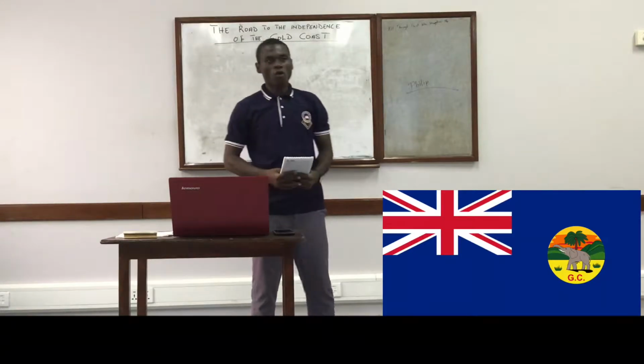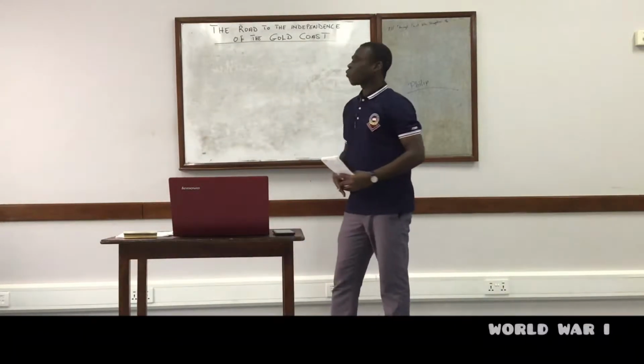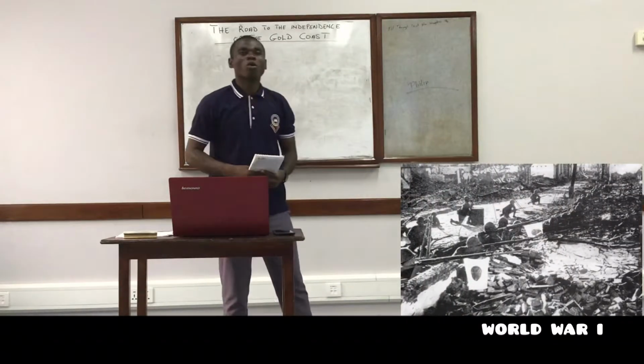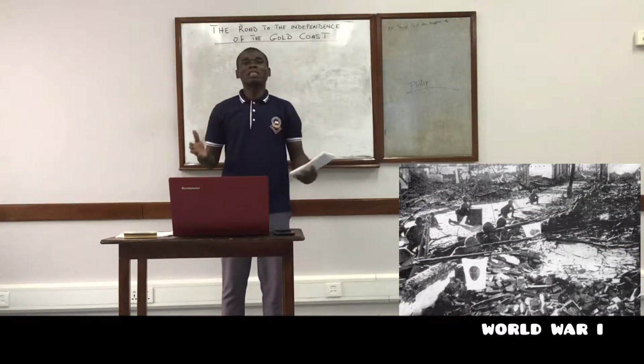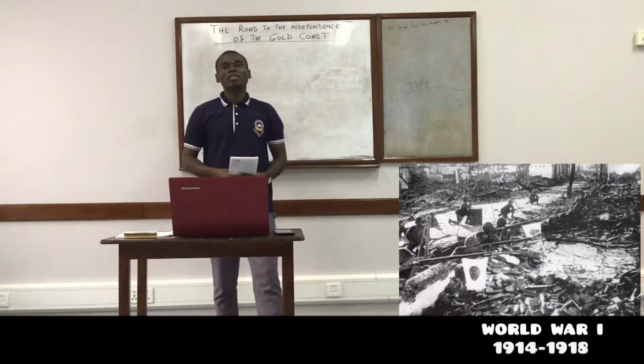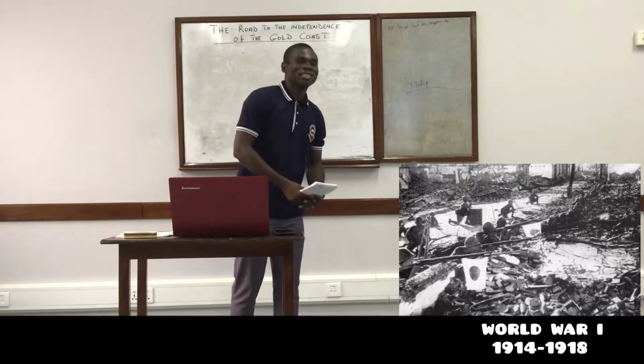But first of all, we talk about the First World War. In the first video, I talked about the First World War, which was fought between the years 1914 to 1918.